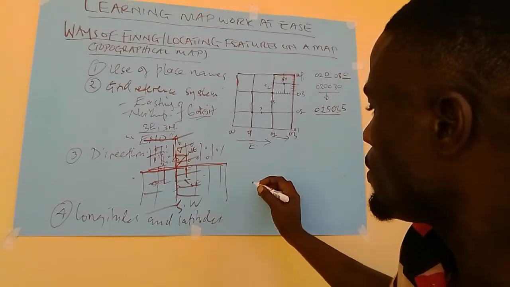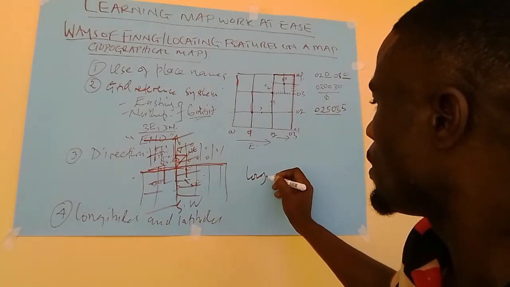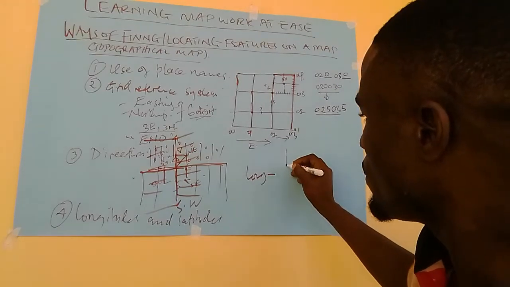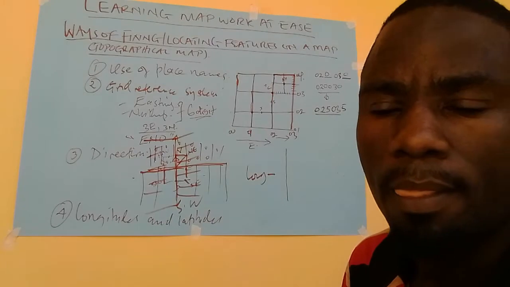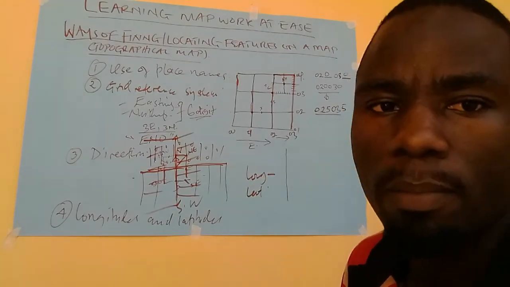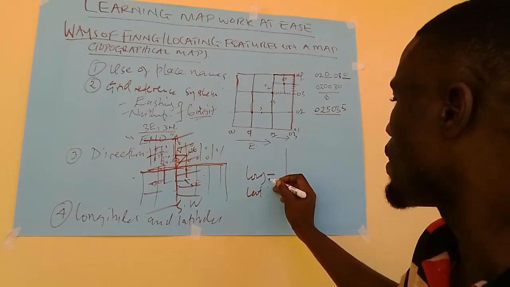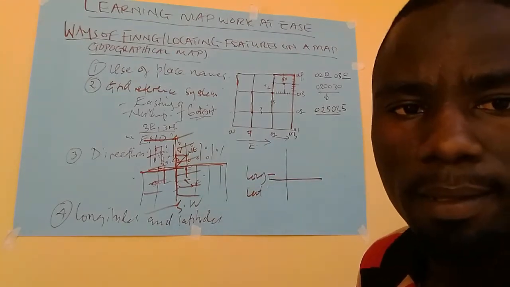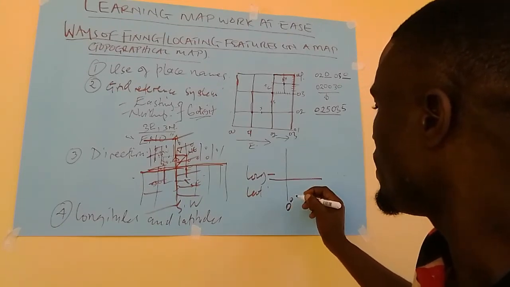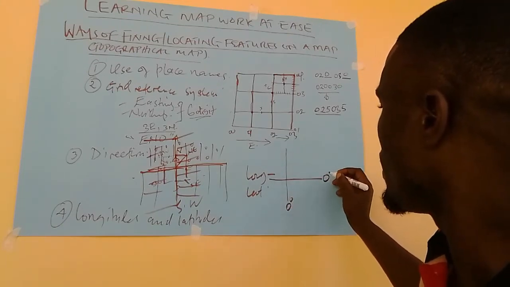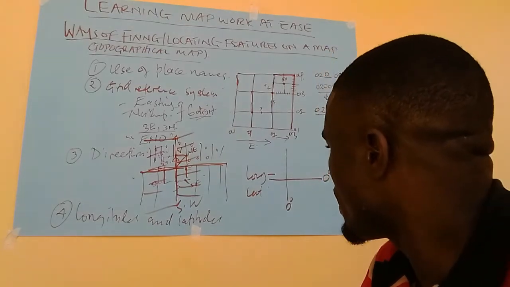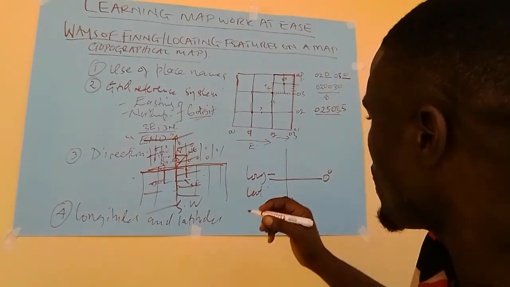Longitudes are imaginary lines drawn on the map that run from north to south. And latitudes are imaginary lines drawn on a map that run from west to east. So these latitudes are angular distances that are measured north or south of the equator.